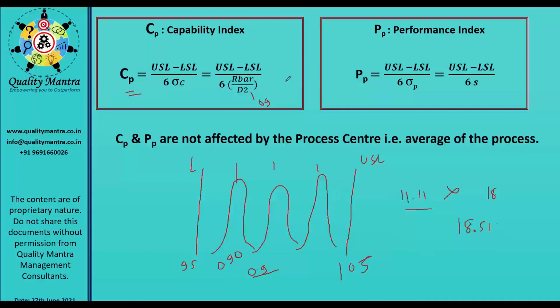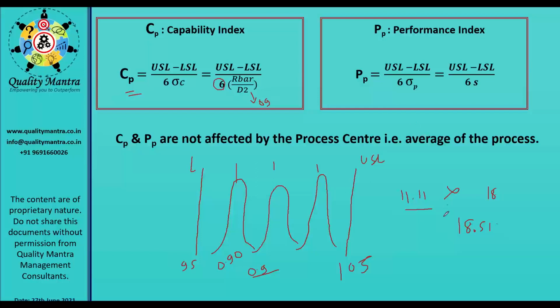So 10 by 0.9. Why 10 by 0.9? Where has this 6 gone? Okay, 6 is different. You cannot take 6 sigma. I told you, don't confuse this with 6 sigma. This 6 sigma is different, that 6 sigma is totally different. It is a standard deviation. That 6 sigma is a sigma level, and this is 6 times the standard deviation.